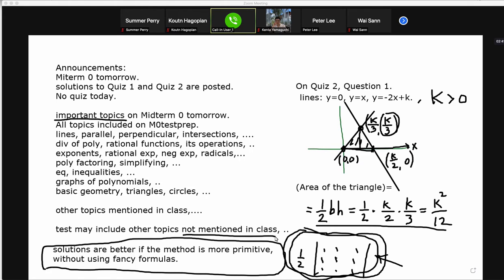I cannot list all the topics because this is calculus, and pre-calculus, algebra and geometry are required for this course. But these are almost all the topics, so don't get mad at me if you see something which is not new.